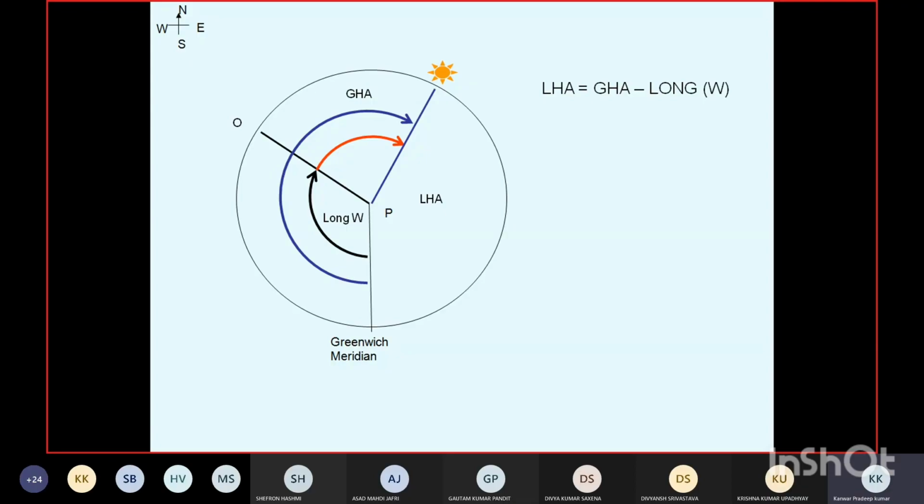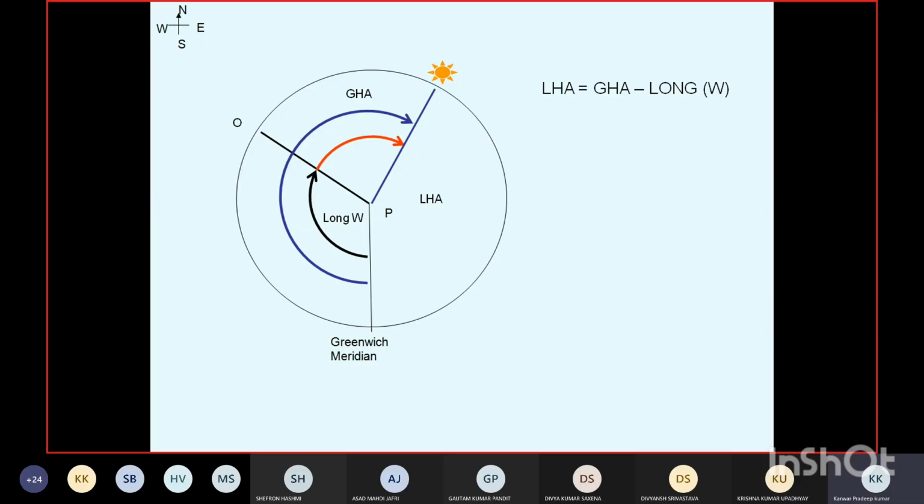But understand the relationship. At the beginning of this session, I said we are trying to establish the relationship between the Earth and the celestial bodies and the celestial sphere. So how to bring the body down, how to measure the angles is our intention over here. It is a combination of the system on the Earth and the system of the celestial bodies.